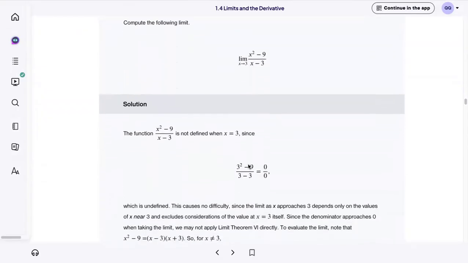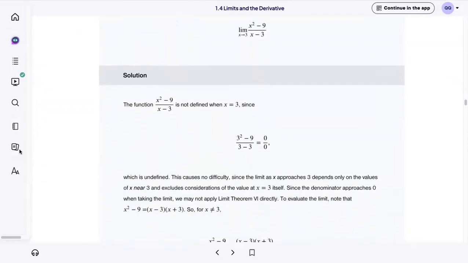Well, let's see these ones. How do we find the limit of this one? So this is a rational function. For the numerator, we cannot plug in 3, right? If we plug in 3, you get 0 in the denominator, which is no good in mathematics. So what do we do? We can simplify it. The numerator we can factor as x plus 3 times x minus 3.